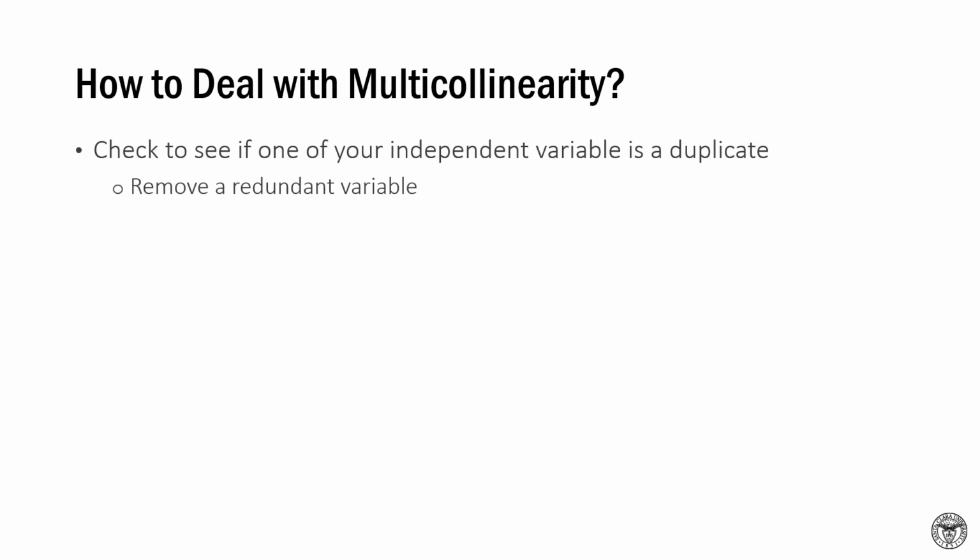To address the issue of multicollinearity, we can do the following. First, we may want to check to see if one of the independent variables is a duplicate or redundant. Duplicate and redundant variables should be removed from the dataset before running a regression analysis, as they can affect the accuracy of the model and lead to biased results.